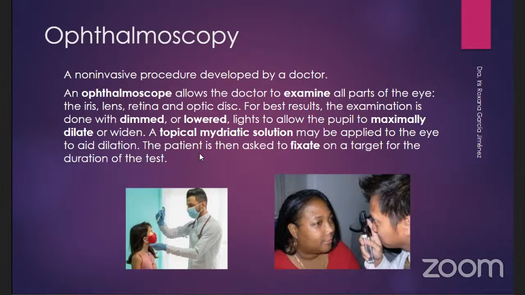The patient is then asked to fixate on a target for the duration of the test. I mean, the patient has to wait until the topical mydriatic solution finishes its job, and then it's possible to walk without troubles.